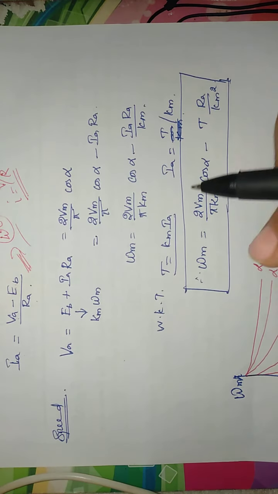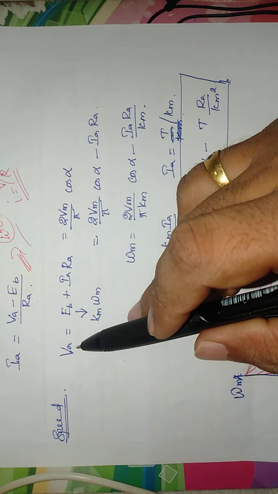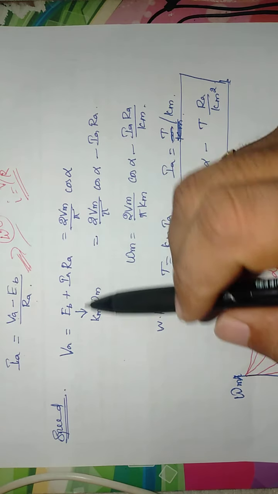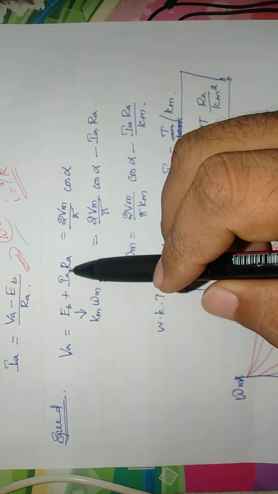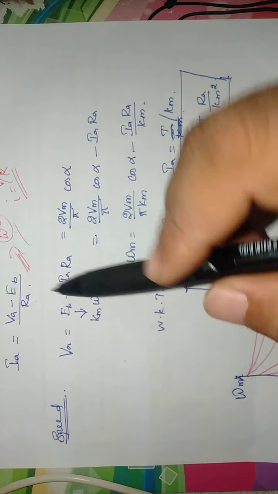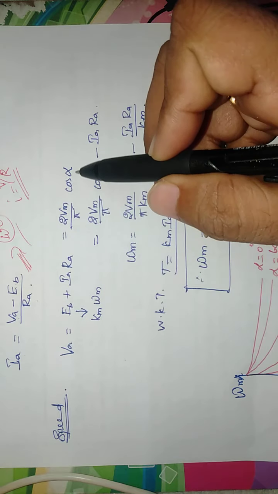The next term is average speed. According to our circuit, Va is equal to Eb plus Ia Ra, that is the armature voltage. From this equation we have another form that we already found, 2 Vm divided by pi cos alpha.